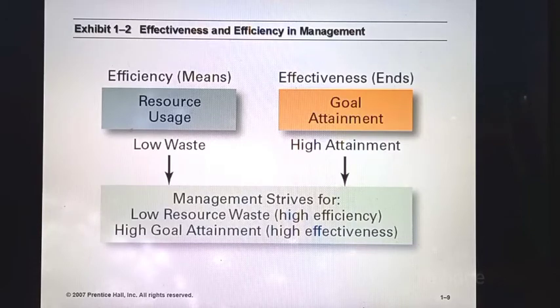Then effectiveness, the ends, is goal attainment, and high attainment. These are the concerns of management. Management strives for low resource waste, which means highly efficient, and high goal attainment that will lead to high effectiveness.